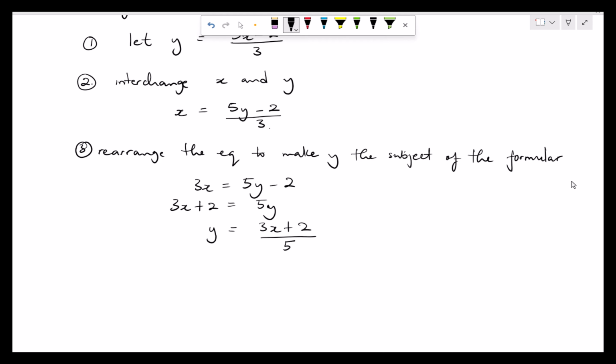Remember, we divided by 5 on both sides. So we end up with y is equal to (3x plus 2) over 5. So this then becomes the inverse of the function. So we write it as f inverse of x is equal to (3x plus 2) all over 5.